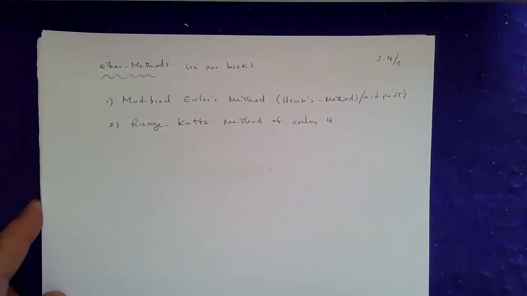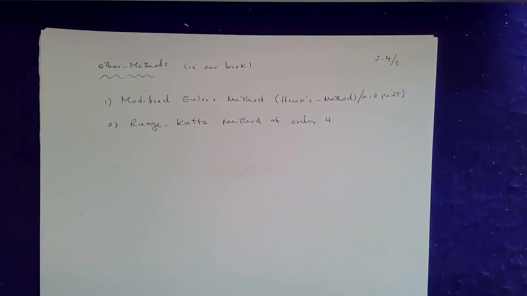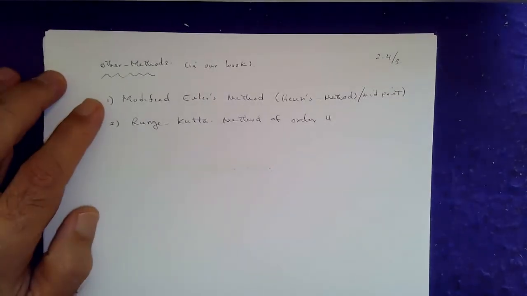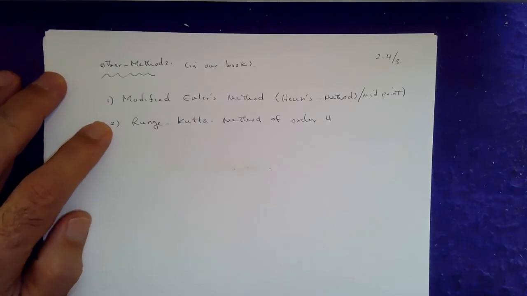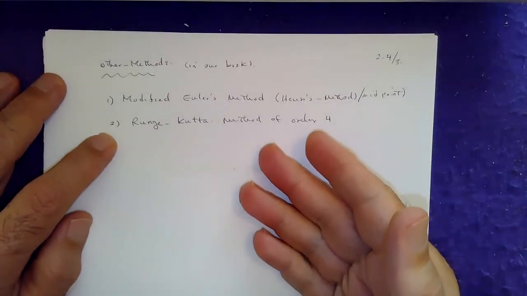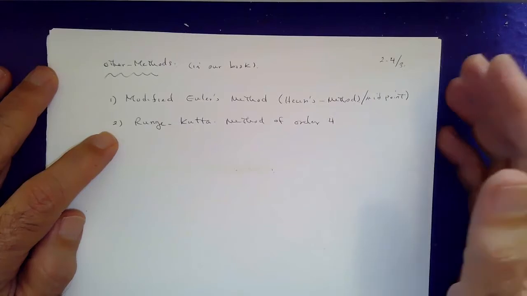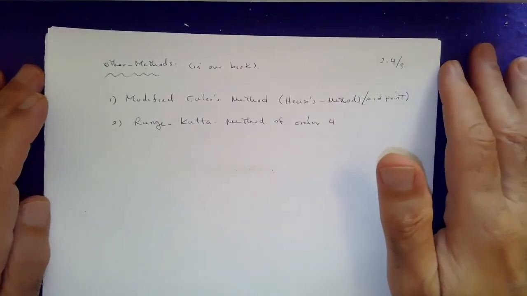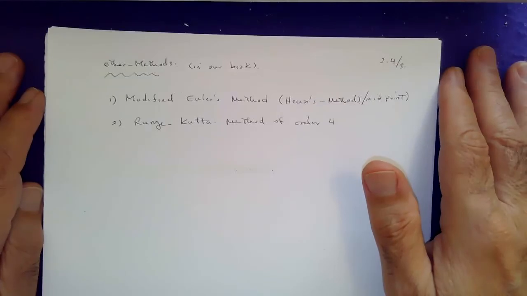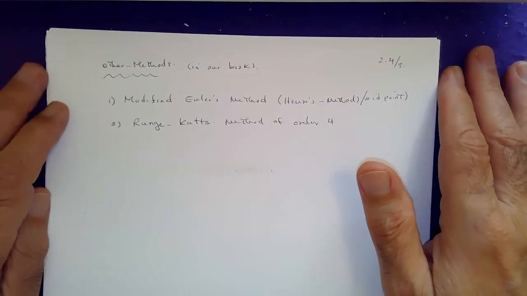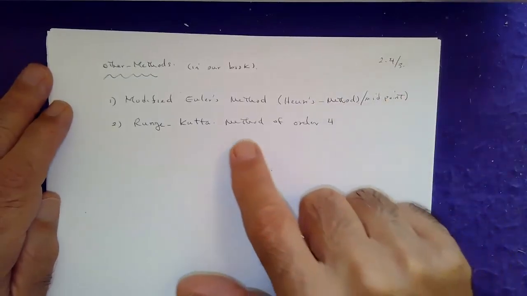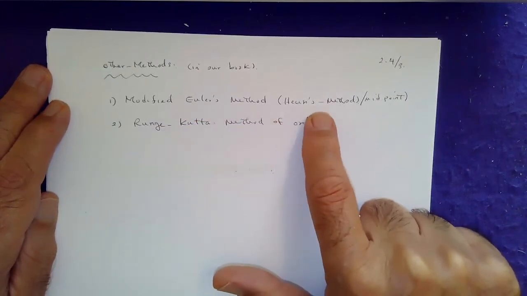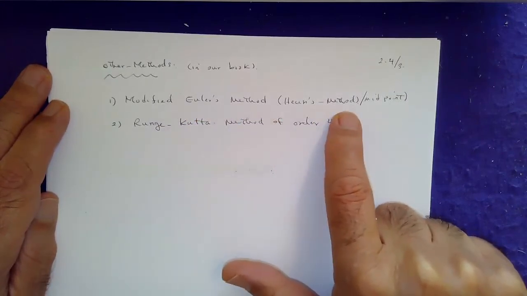Because that was the very first approximation Mr. Euler came up with, there are other methods, of which I have listed two, which are in the book, but these are not the only two. If you take a class in numerical analysis, there are other methods to approximate the solution of a differential equation or any concept in mathematics. One of them is called the modified Euler's method, which is done by a German mathematician, Heun.